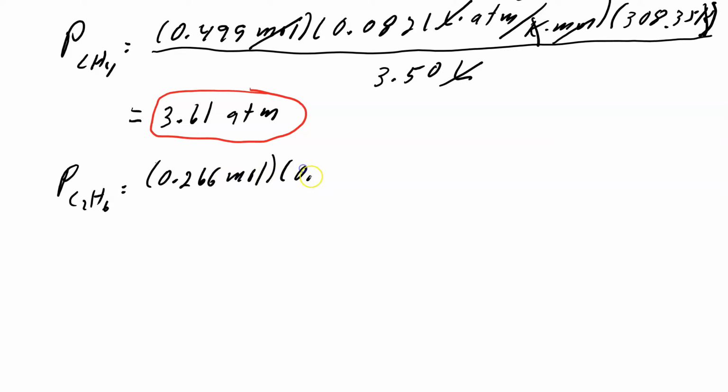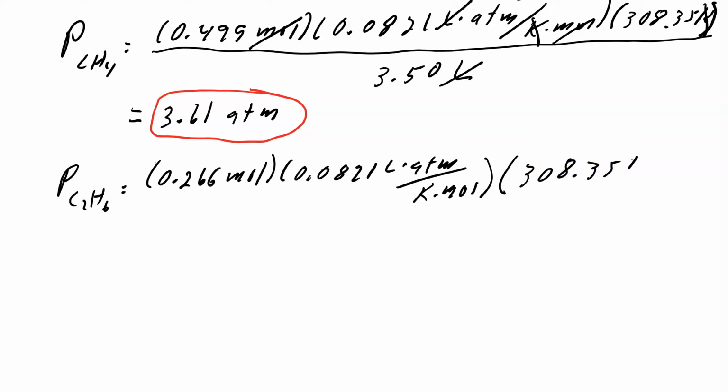Gas constant's the same, 0.0821 liter atmospheres per kelvin mole. And our temperature is the same, 308.35 kelvins.